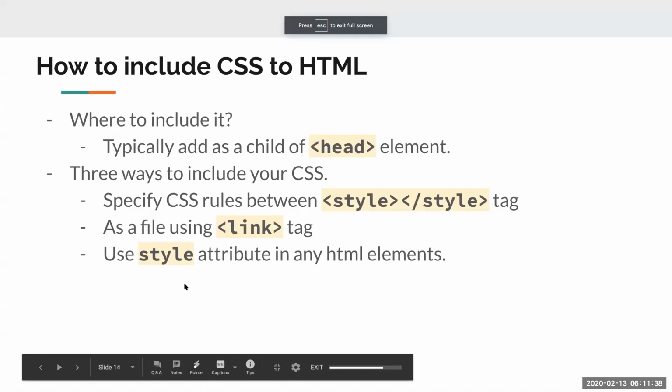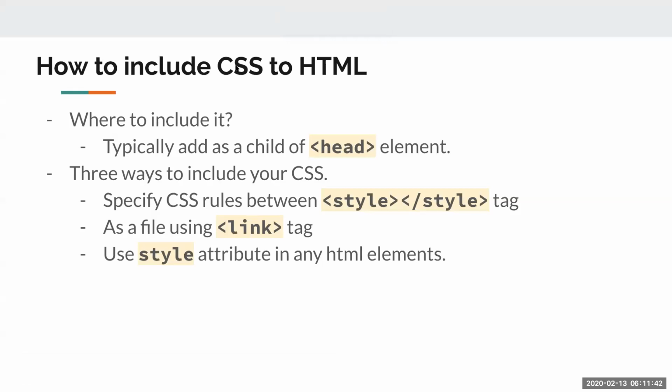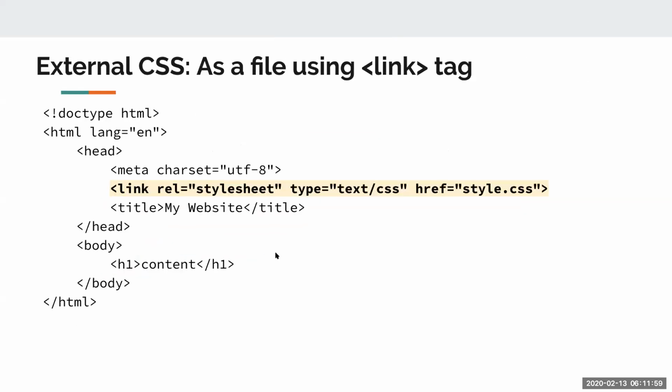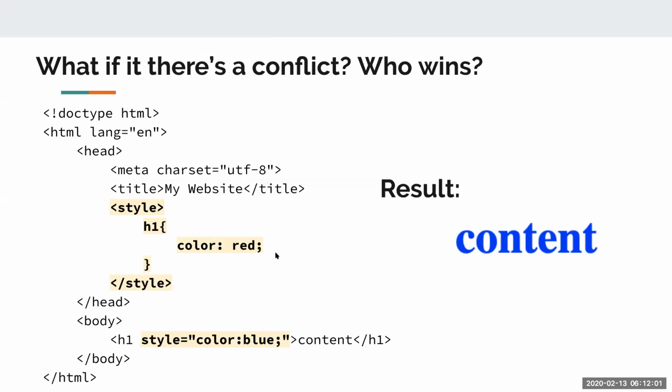So again, we looked at three different ways to add CSS rules. One way is to use the style tag. The other is to use the link tag. And the last one is adding style attributes in any HTML element.